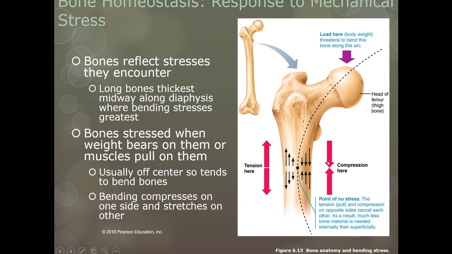We have compression forces occurring here from the weight of the body and tension forces occurring here, kind of pulling forces, right? But at this point right here, the compression forces and the tension forces kind of cancel each other out. And so this portion of the bone is much narrower than this wider portion of the bone here, because it's reflecting more stresses.